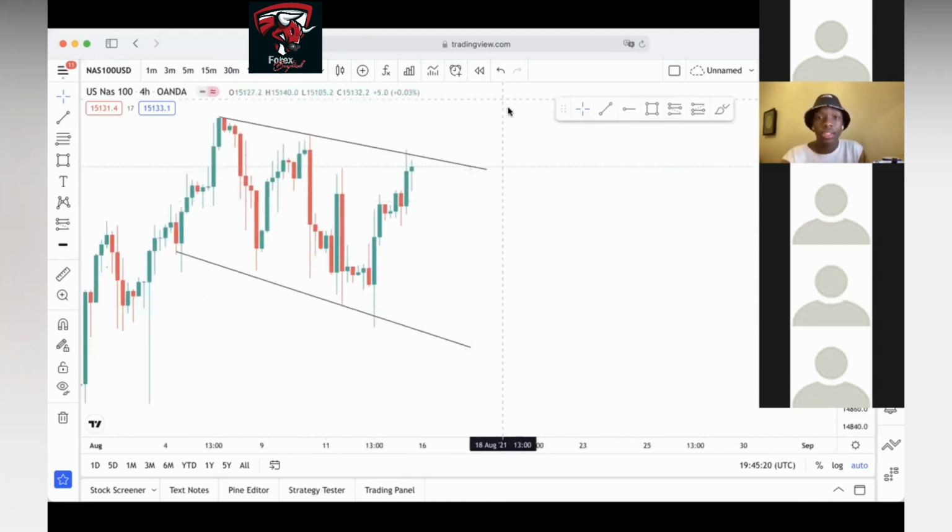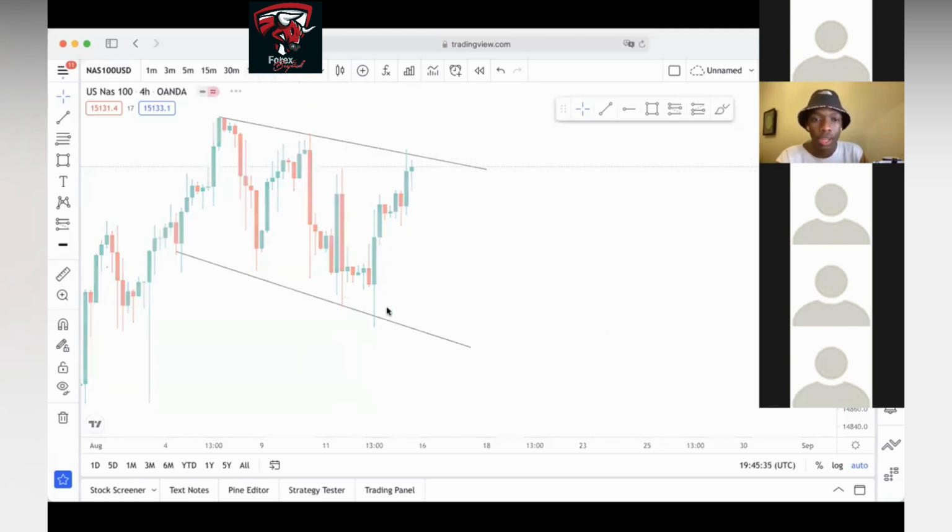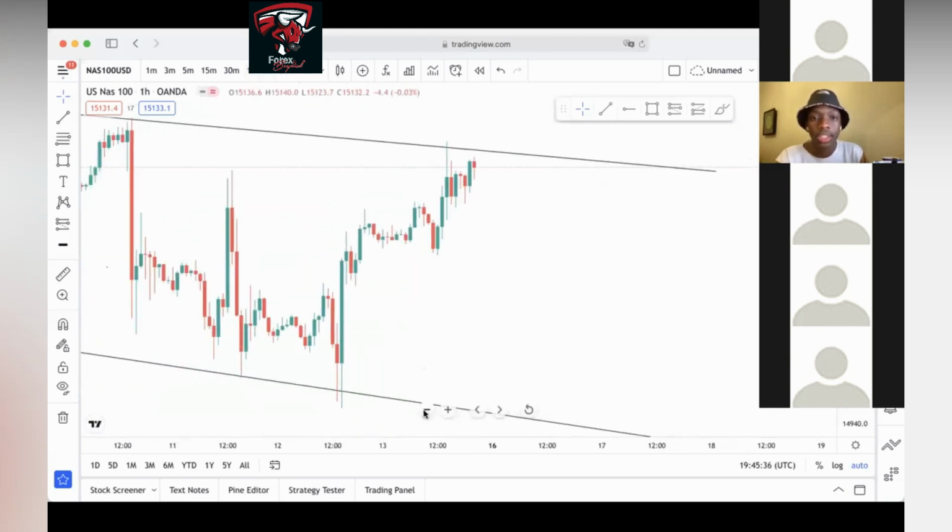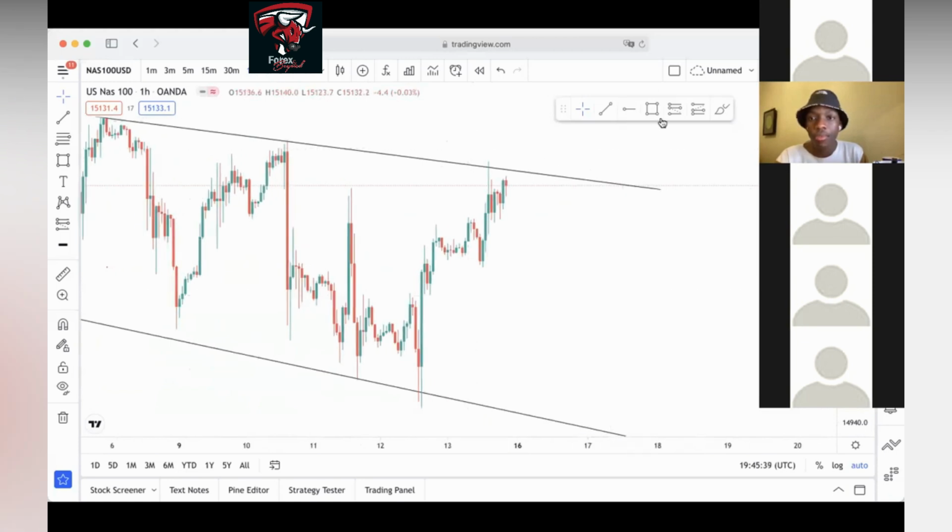So now let's look at NAS for this week, right? Personally speaking, I believe that NAS is going to break out of this downward trend line. Our first entry point could actually be on the previous high. We can actually catch it before it breaks out.